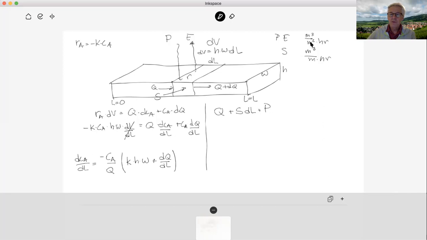Number of square meters. And that is this surface here, and that is dl times the width. And then we have the output, the Q plus the dQ. And we have an output through evaporation as well. Evaporation should be multiplied with this area, which is W times dl.